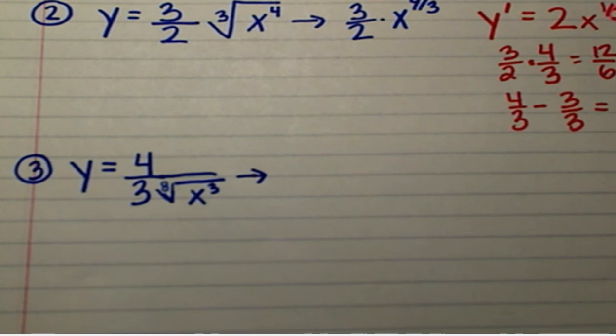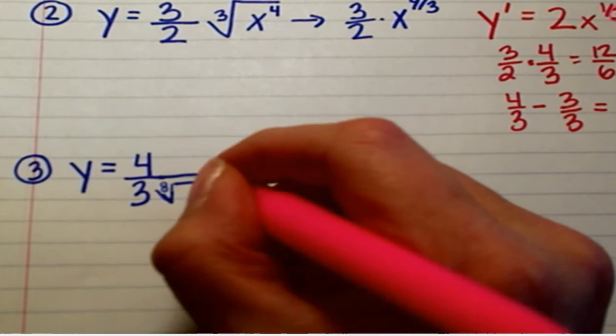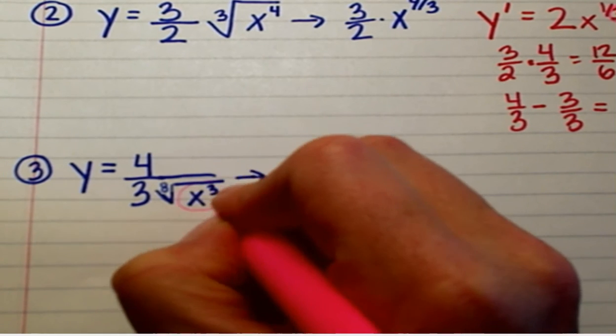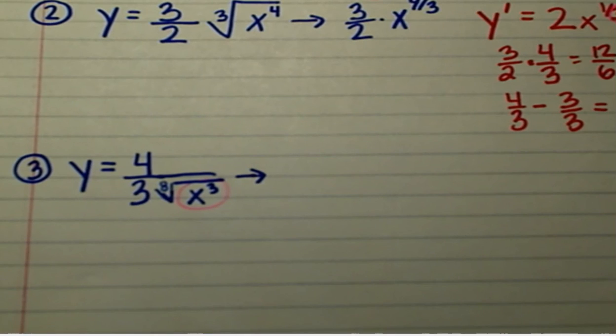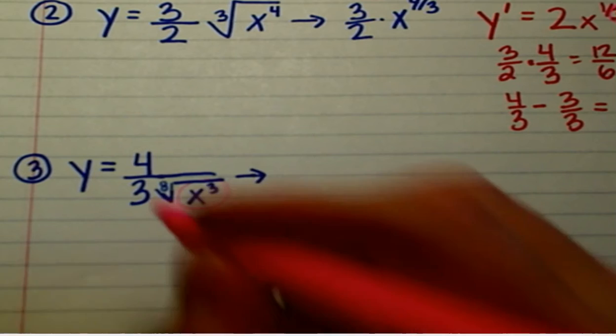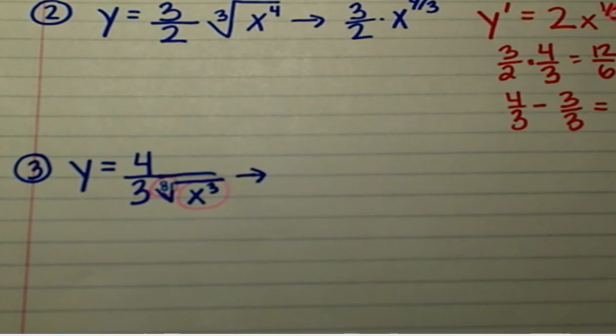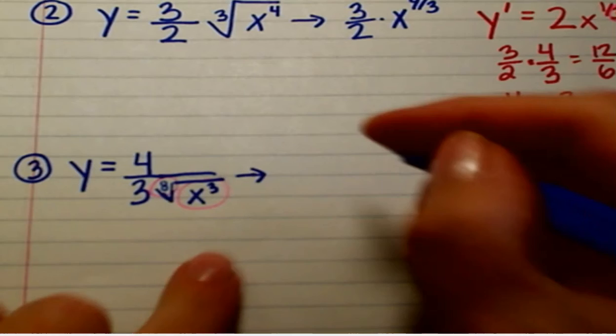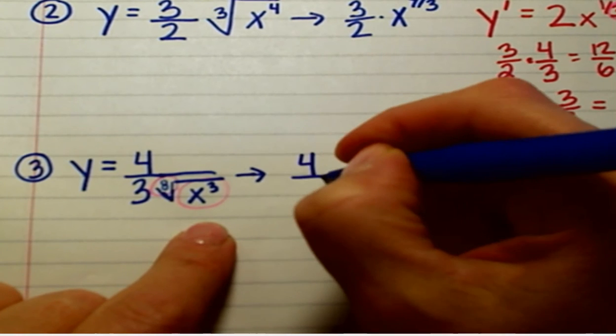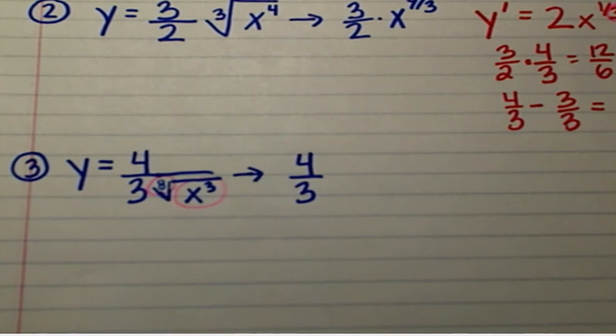All right, guys. There are 2 things that have to move. Notice how x is in the denominator? So that has to move. And the root. Both of those things have to change formats. So when I rewrite this, the 4/3 just stays, right? The coefficient just stays there.